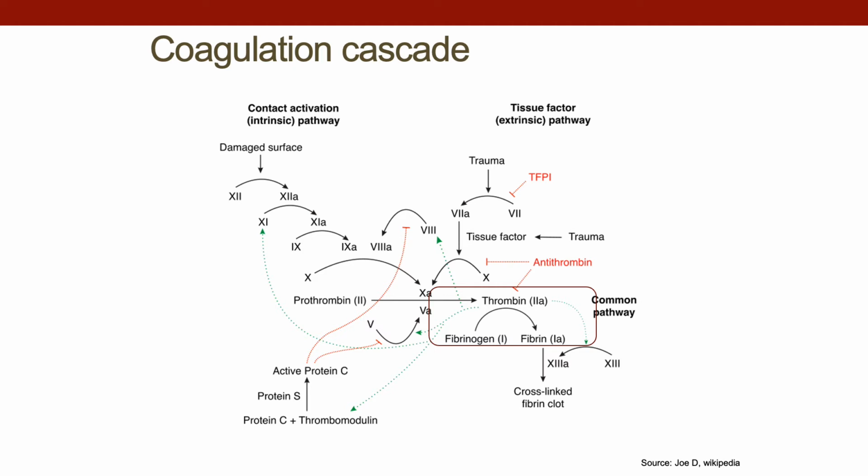And then just a couple more things to point out here. The most common forms of hemophilia affect factors 8 or 9. Both of these genes are on the X chromosome, so they are much more likely to affect males because males only have the one copy of the X chromosome, so a single mutation can knock out these factors and cause hemophilia.